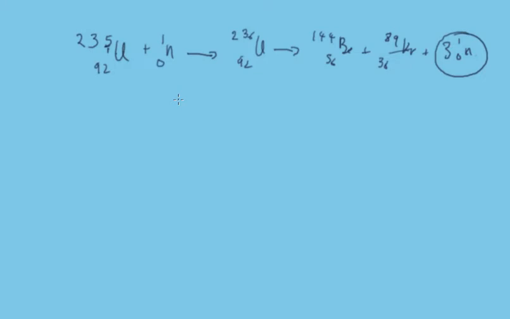There's a number of different things that nuclear physicists will put in place to control this chain reaction. The first thing is they'll have a moderator. This controls the speed of the neutrons. If the neutrons are going too quickly, they won't actually be captured by the uranium nuclei.